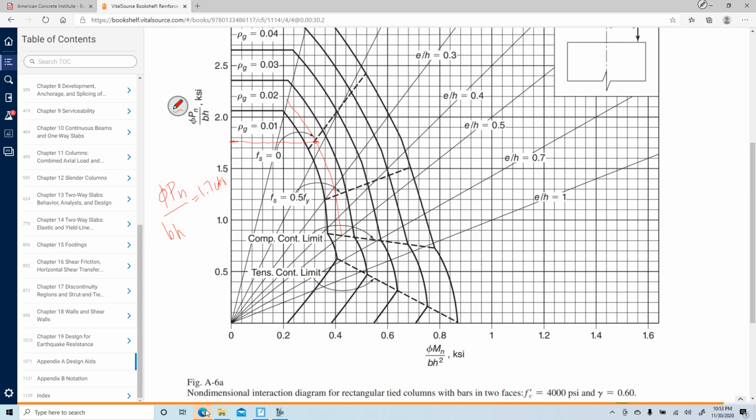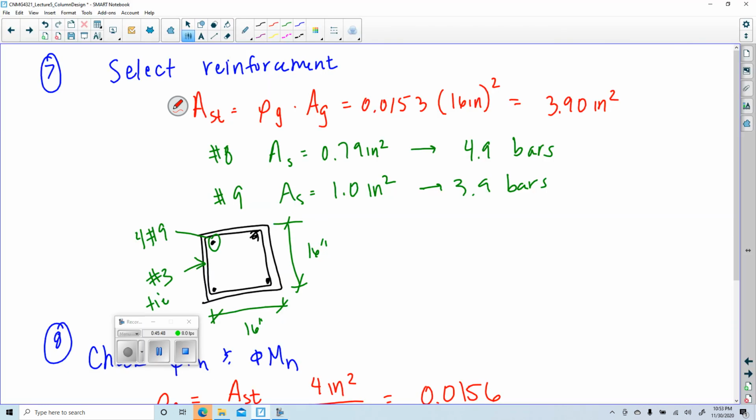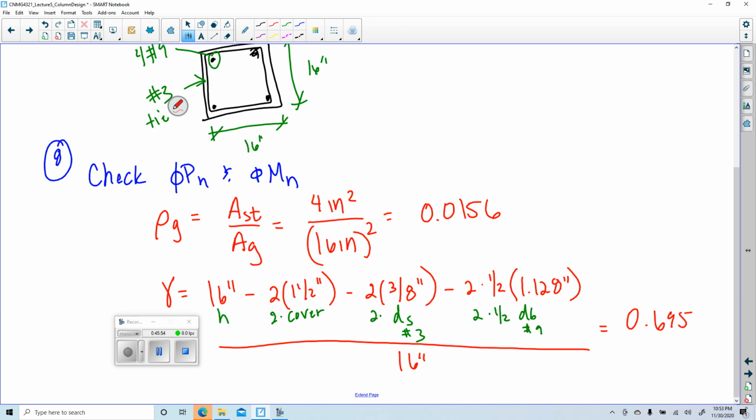Something like that. That's a little bit like 0.2, right? Basically, since I've already done this already, it's fine. Yeah, just ignore what I've been saying. Since we use the design aids, it should work just fine.